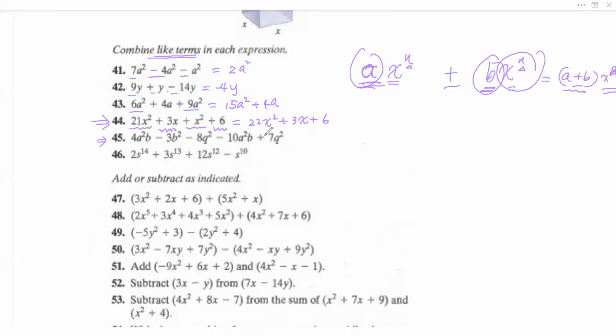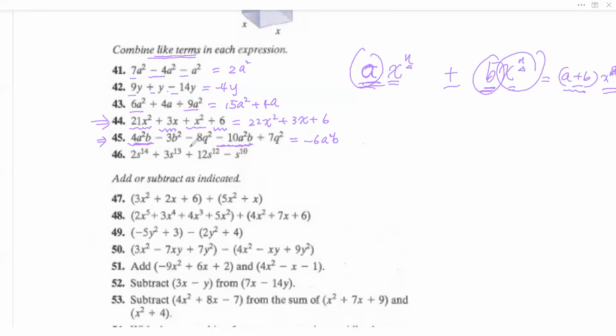Let's see 45. You can see this one, a squared b, right? A squared times b, we find here, a squared times b is this part. This one is the same, is the like term, right? So you can get a -6a squared b. All right, so the second one we find b squared.